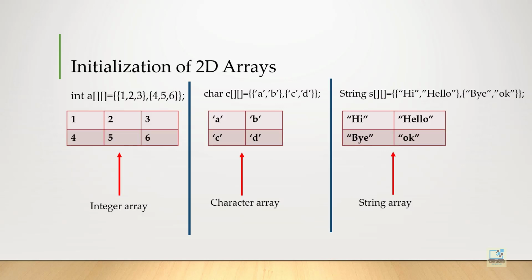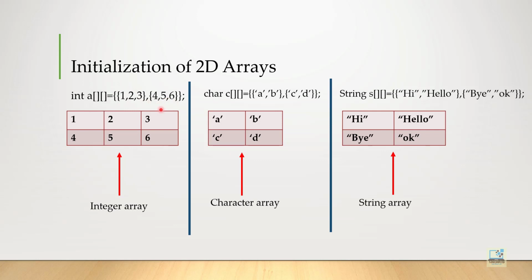Let's see how we can initialize arrays, initialization of 2D arrays. I have taken 3 examples, one for the integer array, another for the character array and the last one for the string array. In the first example, you can see I have written int a brackets is equal to curly braces, then again one set of curly braces containing the first row elements, then comma, then the next set of curly braces for the second row.